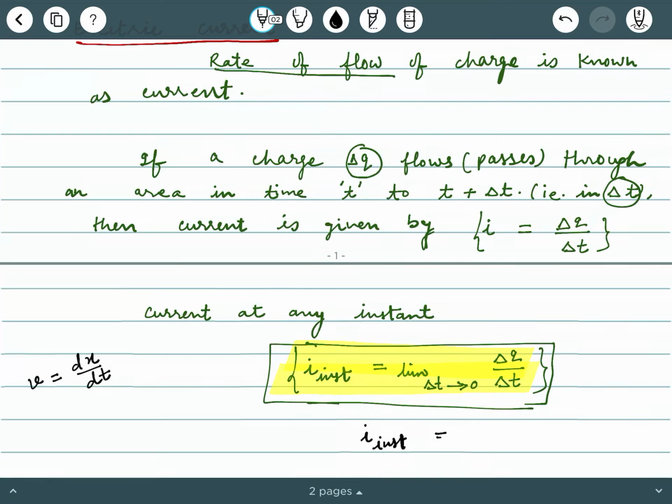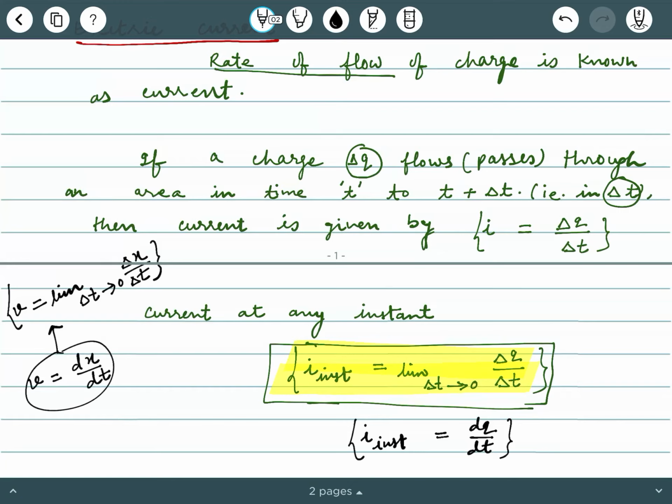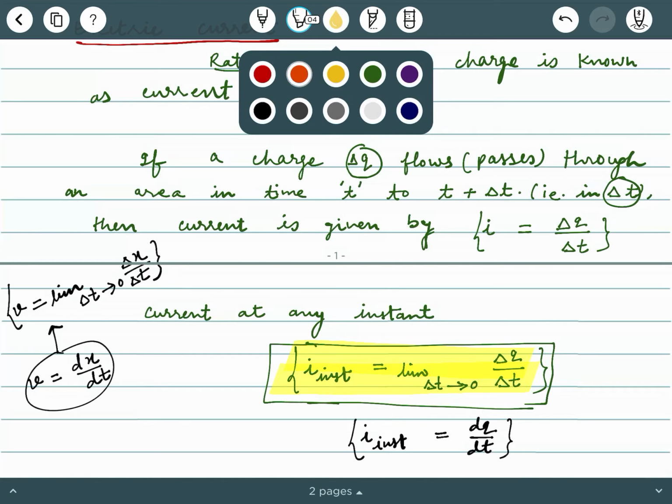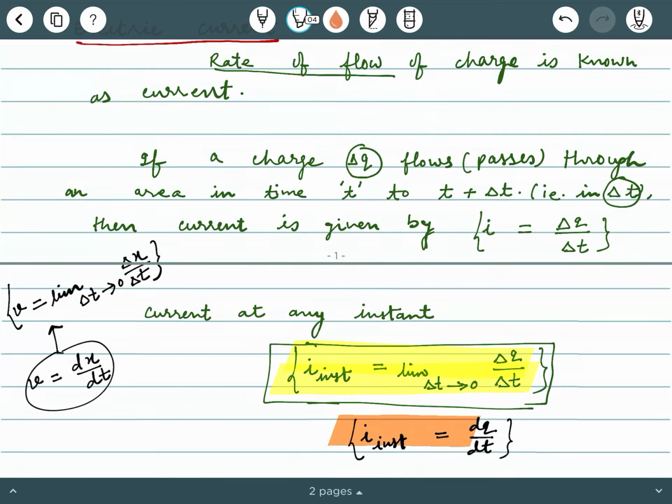So this also, I instantaneous will become equal to dq by dt. Here also this line came from v equal to limit delta t tends to 0 delta x by delta t, if you remember. Okay, anyway, if you don't remember, this is the revision of it also. Fine. So I instantaneous becomes dq by dt.